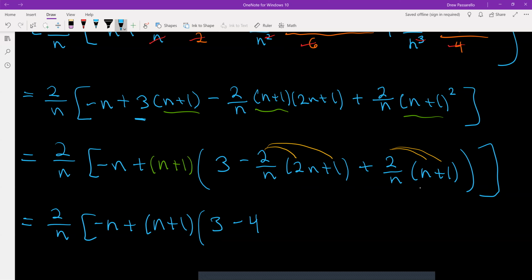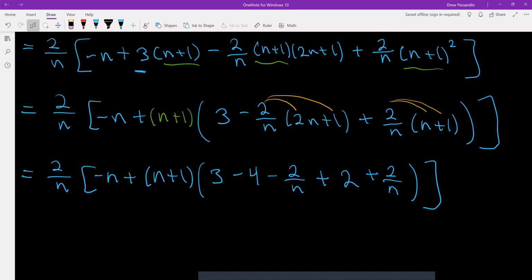Negative 2 over n times 1, so it's negative 2 over n. So that takes care of that. And then the next one I do 2 over n times n. The n's cancel out, so you just get 2. And then I do 2 over n times 1, which is 2 over n. All right, again, that's the result of distributing the 2 over n's. Now I just combine like terms.